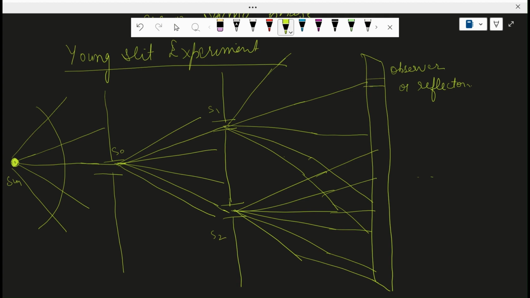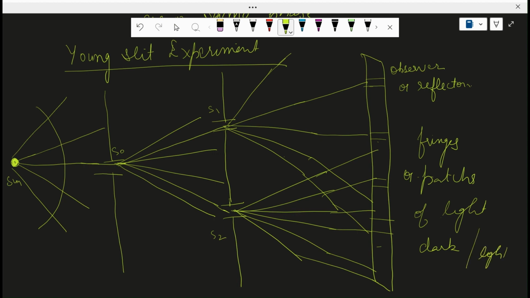There were some fringes. Fringes simply means some patches of light, some were dark, some were light, right? So this was the experiment conducted.